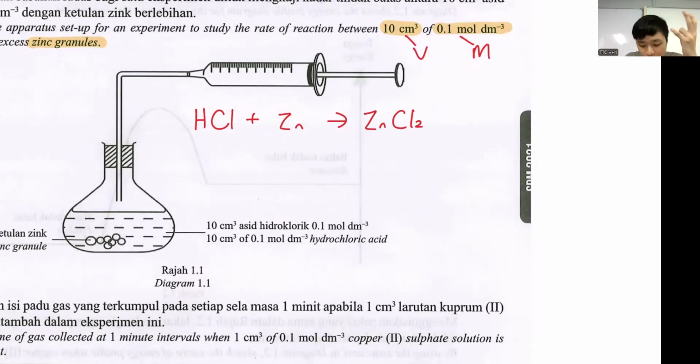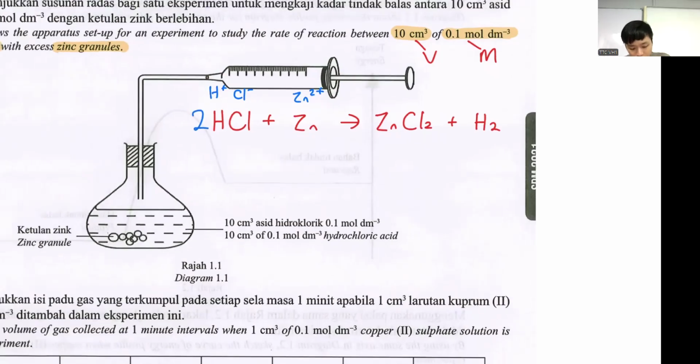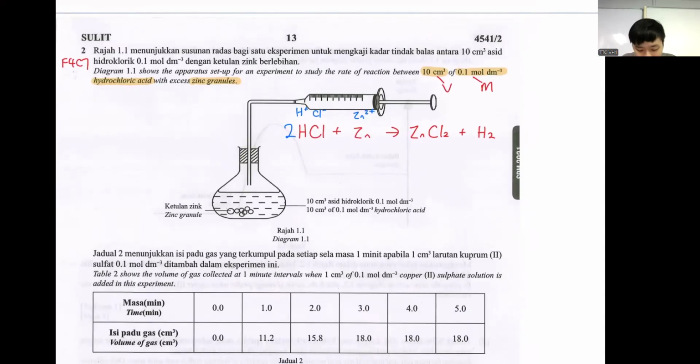Because Zn is 2 plus, Cl is minus, that's why you get ZnCl2 from these ions. And then you get hydrogen gas, H2. So normally in this case, you see what they are measuring. They are measuring the volume of hydrogen gas produced. And then balancing, times 2 for HCl. So this is the chemical equation.